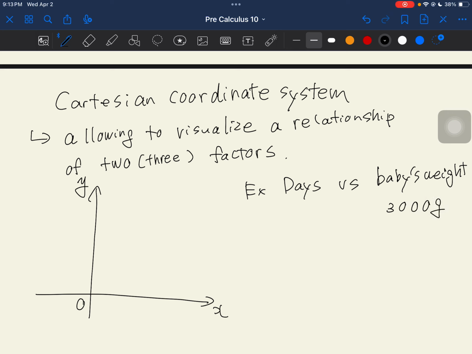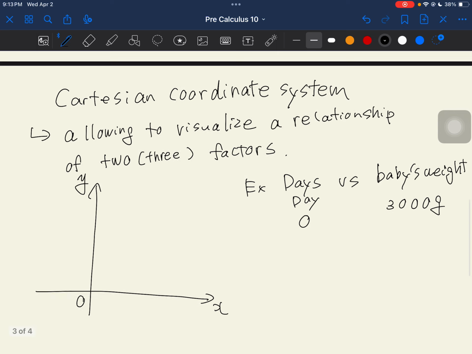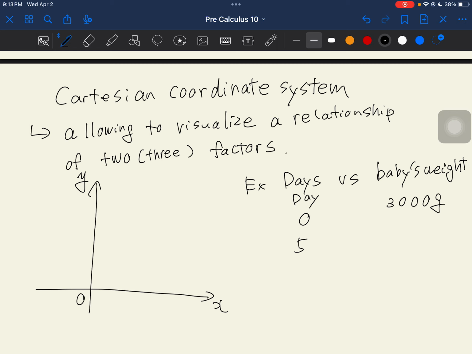Let's say day 0, the baby's weight was 3,000 grams. I think a baby grows really quickly. I haven't had a baby yet, but I assume the baby grows up like crazy. So let's say day 5, the baby's weight becomes 4,000. I don't know if it's that quick, but let me just put it like that. And then day 20, the baby's weight, let's say 5,000 grams.